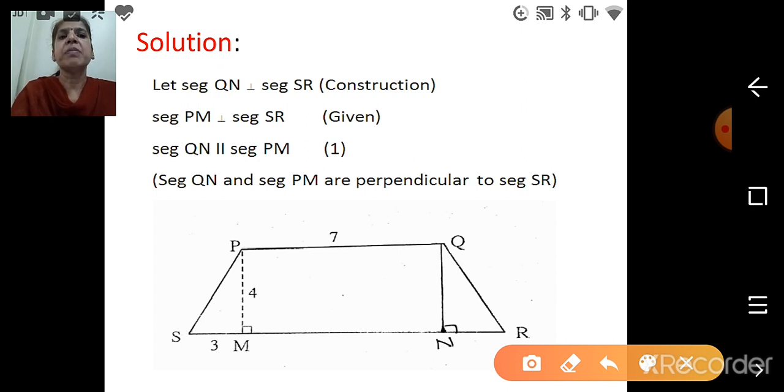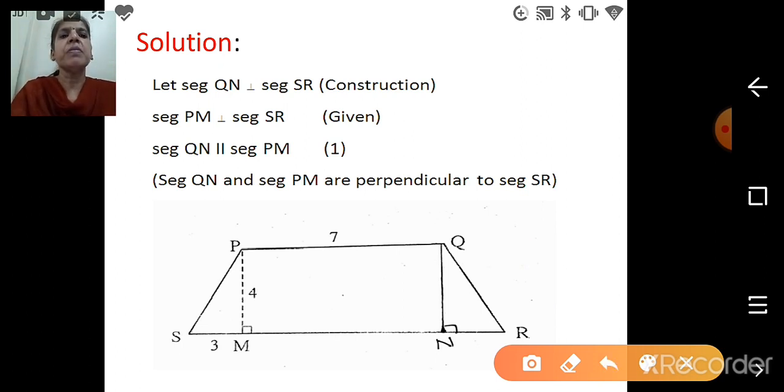So what is the relation between PM and QN? They are parallel. And this is the symbol of parallel. If we write like this, it becomes equal. And if we write like this, it becomes parallel.